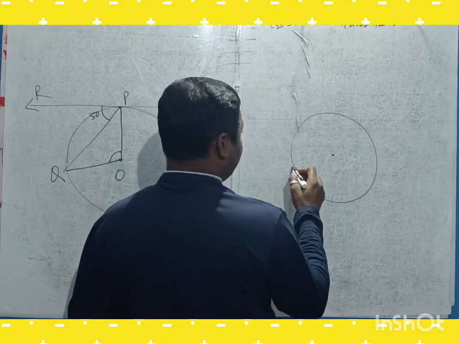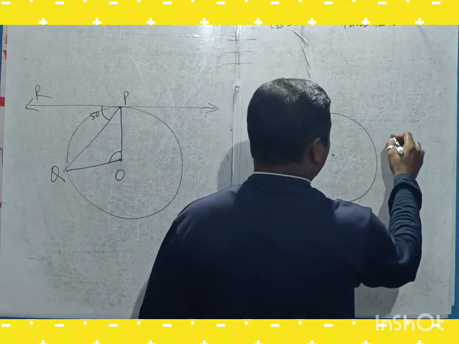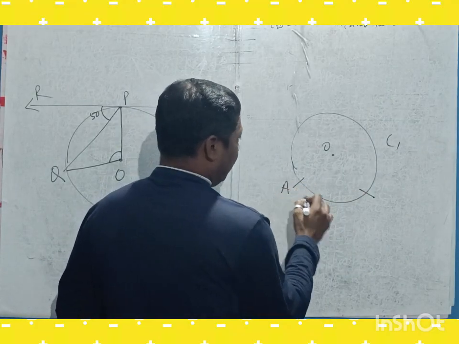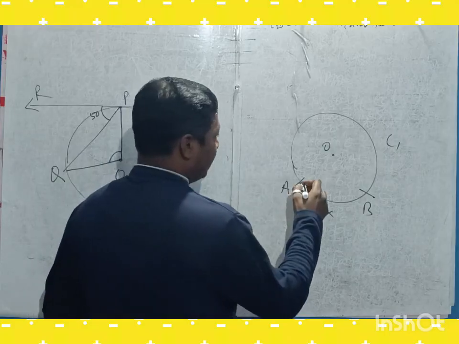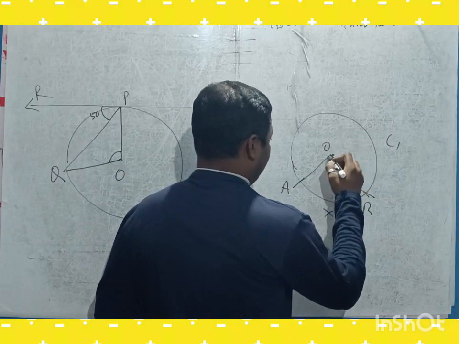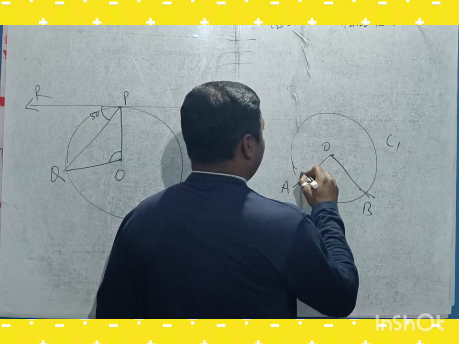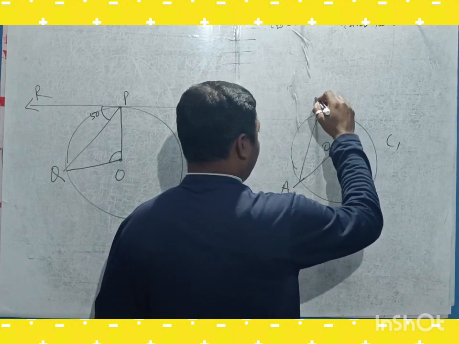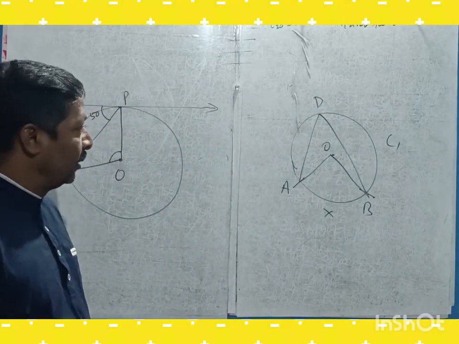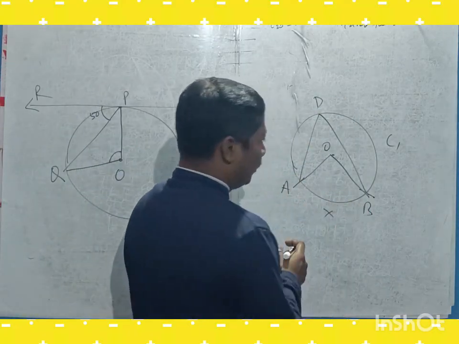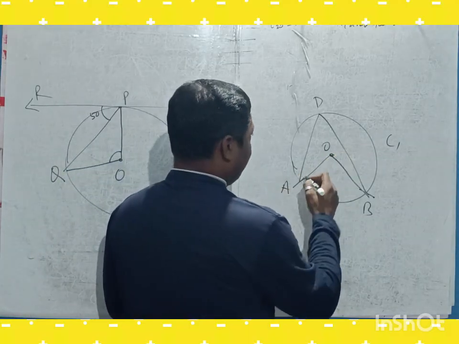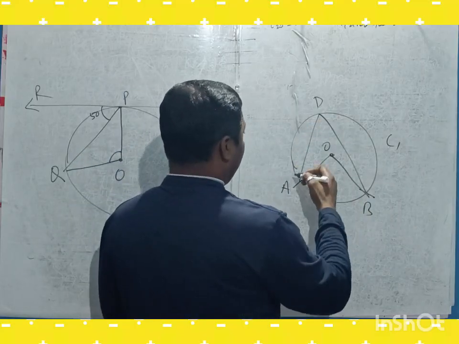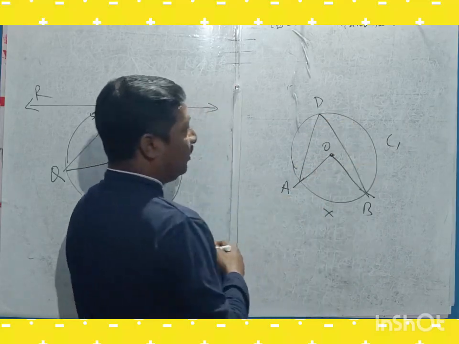If this is a circle, okay, and this is an arc, this is an arc AXB, it subtends an angle in the center AOB, and it subtends an angle towards circumference as ADB. Okay, this arc AXB, smaller one, makes an angle with center AOB and makes another angle with circumference ADB.